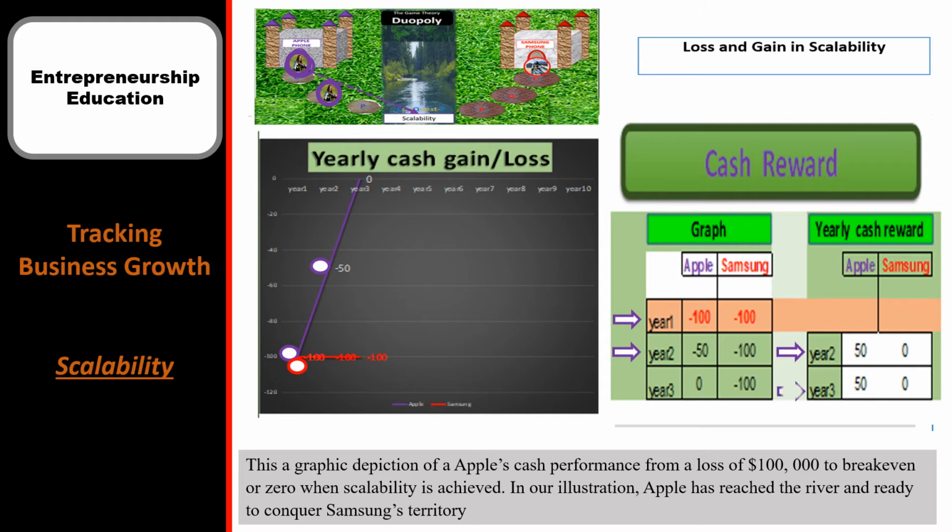And if we again assume that Apple will win the next round, which is a $50,000 reward, Apple's cash level will be brought up to zero or break even, and that will be indicated on the graph, and it will also show Apple reaching the river, and that will be scalability achieved.